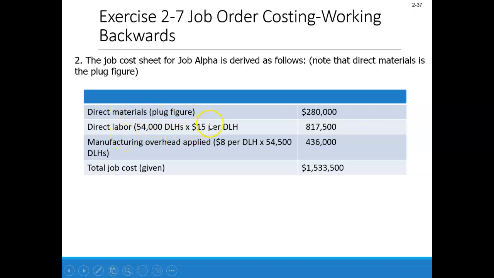They also told us it's at $15 an hour, so we can come up with the direct labor also. So the only plug-in, since they gave us the total cost, we can figure out the 436, we can figure out the direct labor, then the plug-in is the direct materials. Make sense?